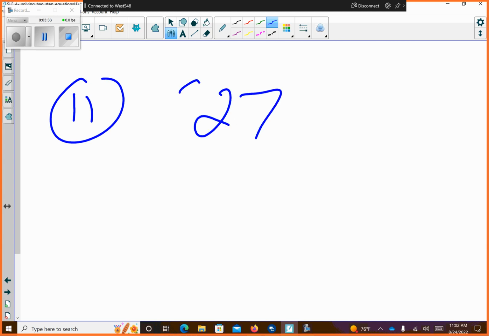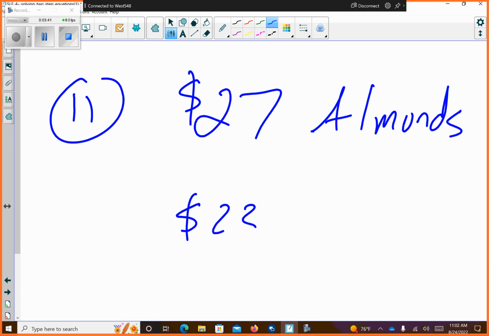This is how much it was for the almonds, and then this was the change given. The cashier said $27. The person gave a certain amount of money and got $23 back.